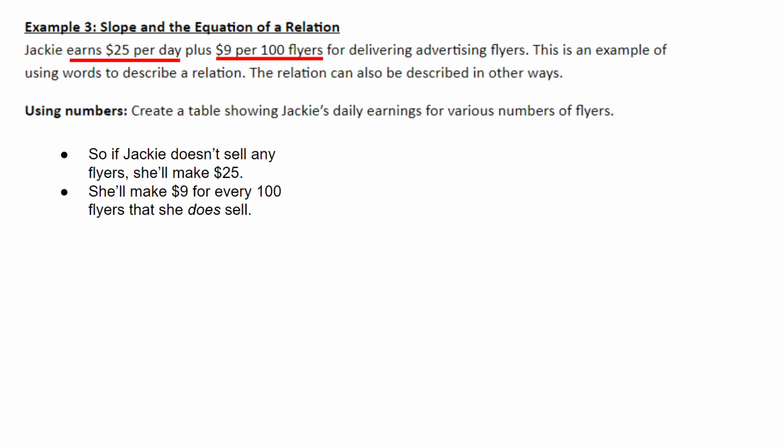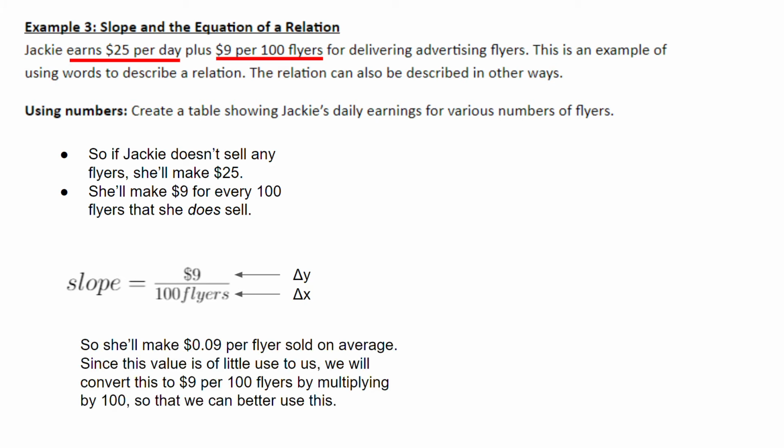So she'll make $9 for every 100 flyers that she does sell. So our slope, or our m, or our constant of variation, would be 9 over 100, that's $0.09 per flyer sold on average.